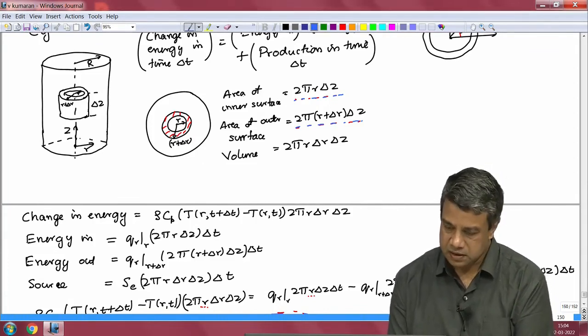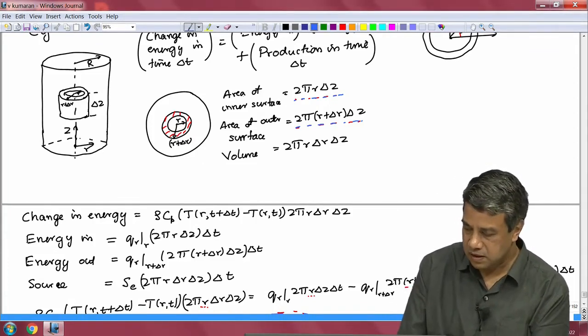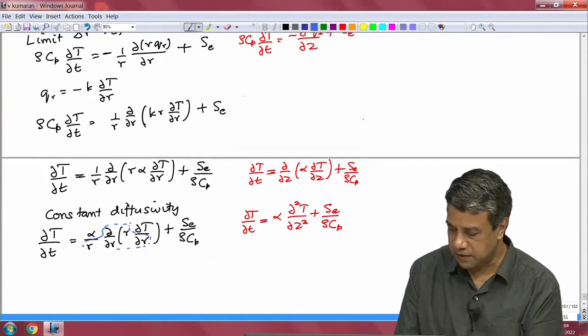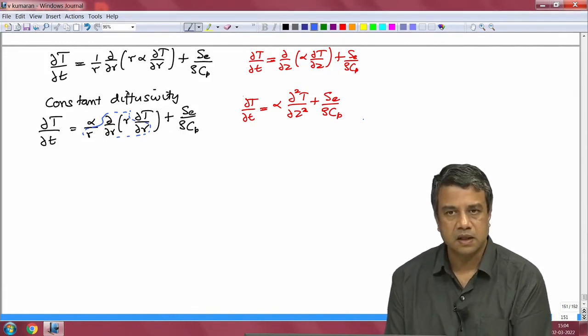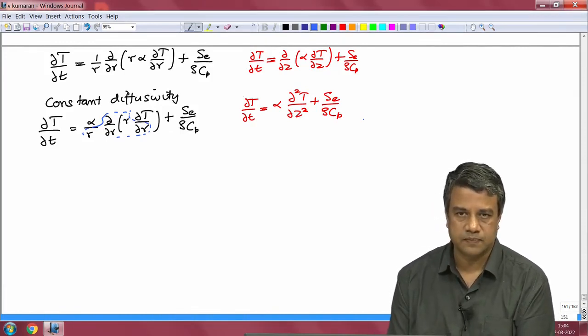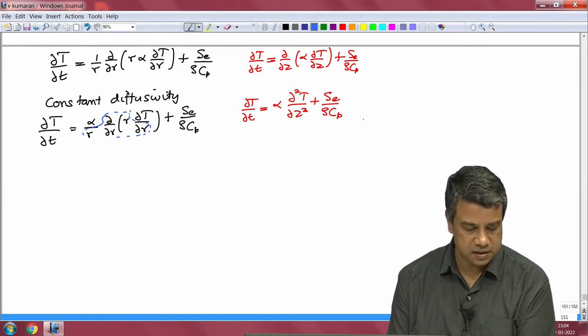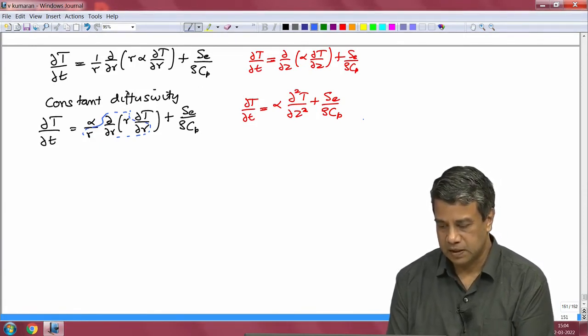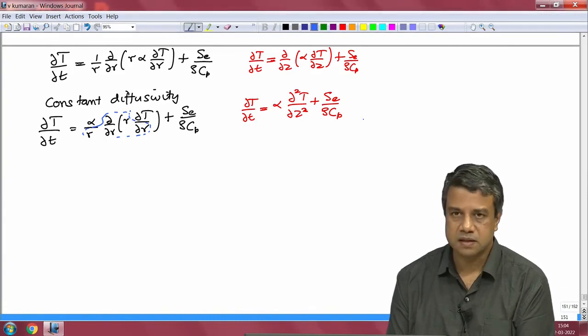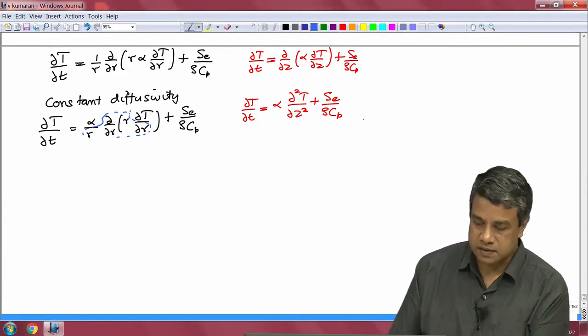So, because of that, we have a slightly more complicated form of the differential operator in the energy balance equation, in comparison to a Cartesian coordinate system, because the surface area is changing as the coordinate is changing.